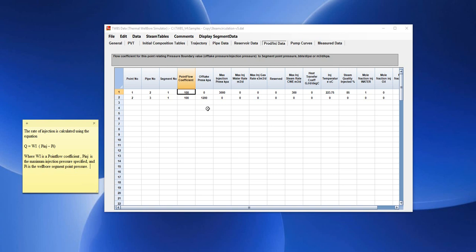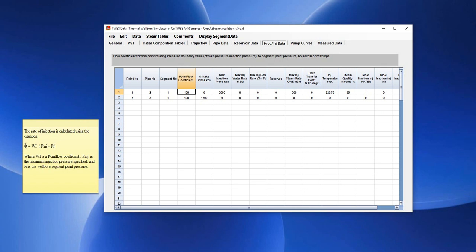So we don't have an exact rule for saying how large or how small this number should be. All we can say is that once we fix this rate Q, for a small point flow coefficient we would have a larger pressure difference between the external pressure and the segment pressure.